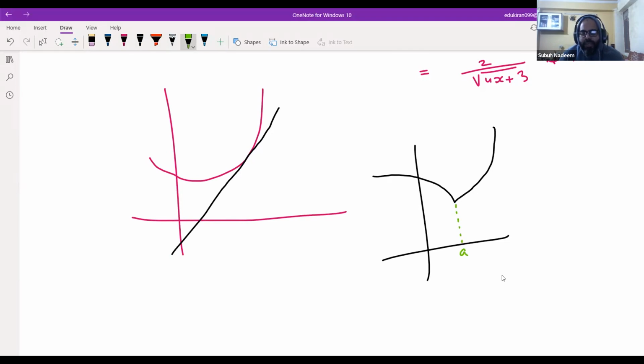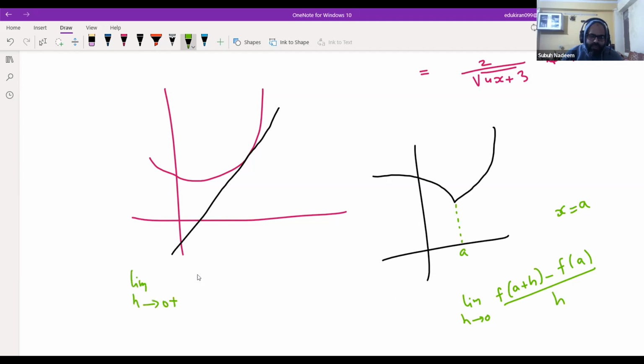At this point A, when you talk about limit h tending towards 0, f of a plus h minus f of a by h, I'm not taking any general point x. I'm talking about x is equal to a. So the question arises, what is this h approaching 0?